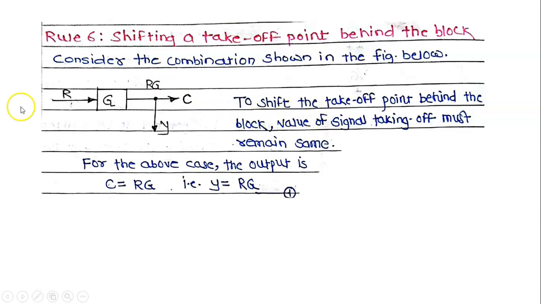Therefore to shift the takeoff point behind the block, value of takeoff point must remain same. What is the value of takeoff point? Y is equal to RG. Therefore for the above case, the output C is equal to RG and value of the takeoff point Y is equal to RG, that is equation 1.